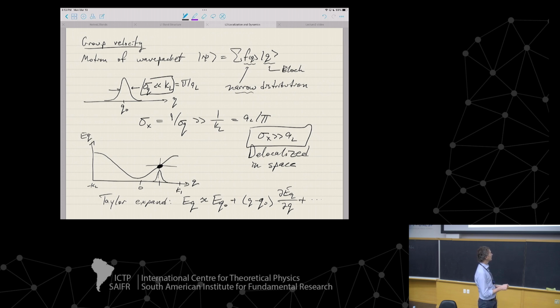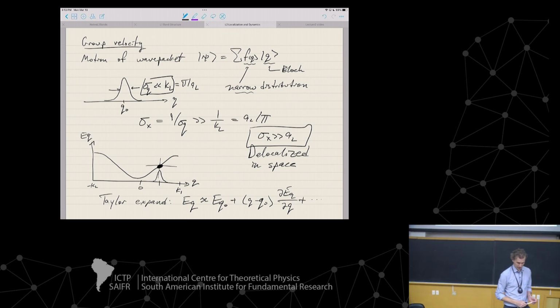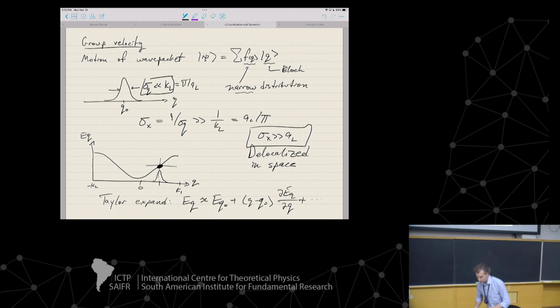Because if I only keep this term around, I can tell you what it does versus time. So the answer will come in a moment. I'm going to use this Taylor expansion to show you that this term here determines the speed of the motion of the wave packet. Okay? Yeah, so let's see what that time evolution is.